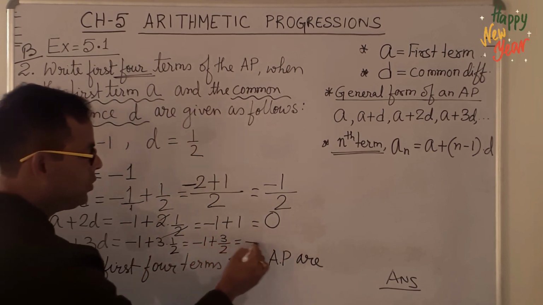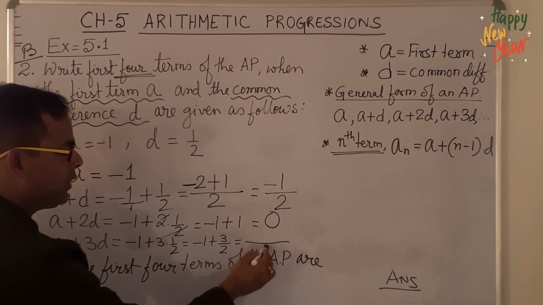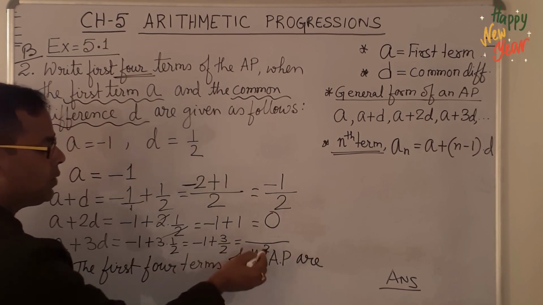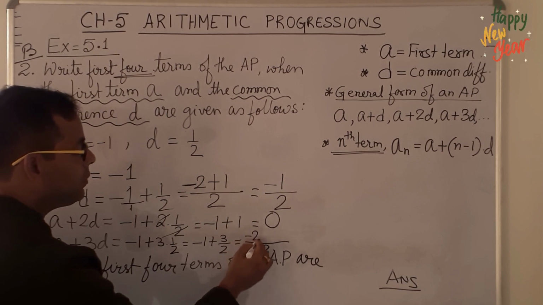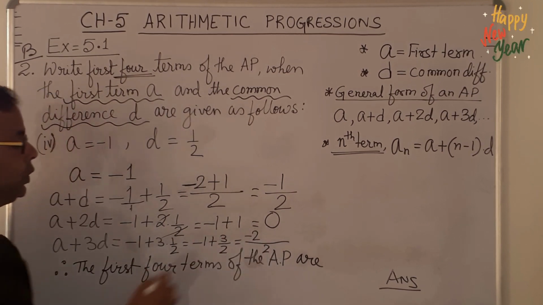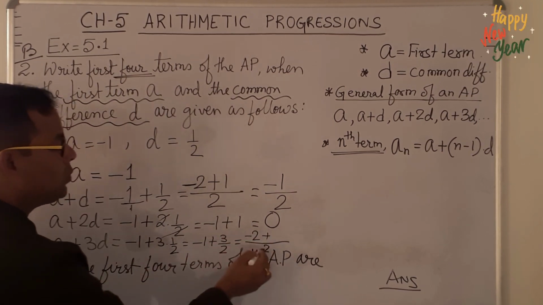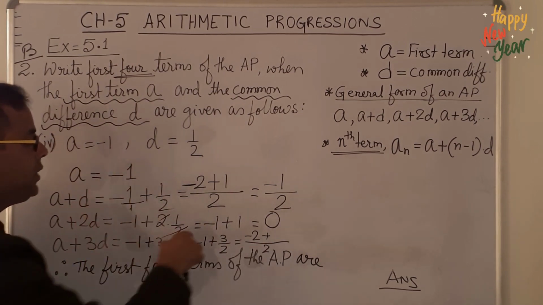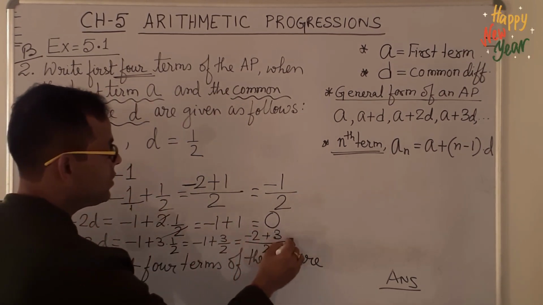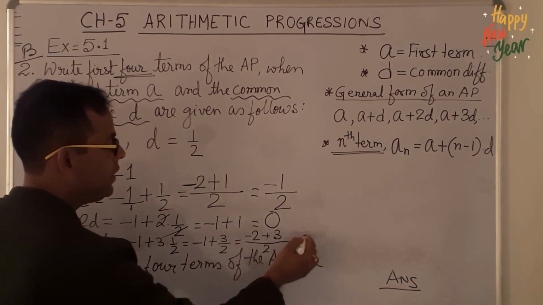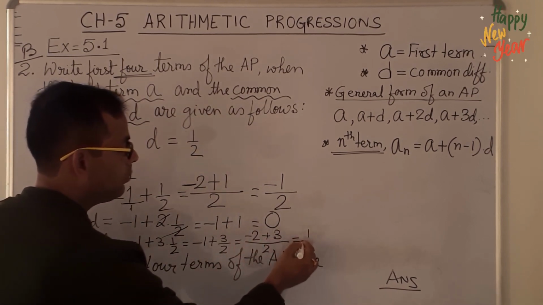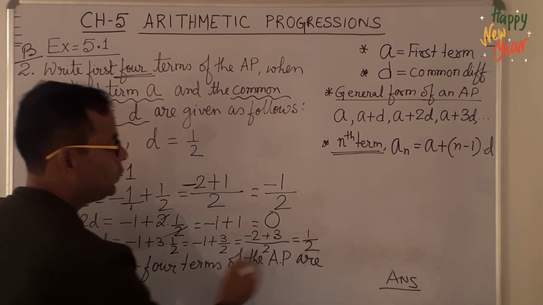So again we will do LCM. So what you will get? 2. 1 how much are 2? 2 is 2 into 1. So it will become minus 2. Then plus 2 how much are 2? 2 1s are. 1 into 3, 3. So what you will get here? Minus 2 plus 3. So only 1 by 2.